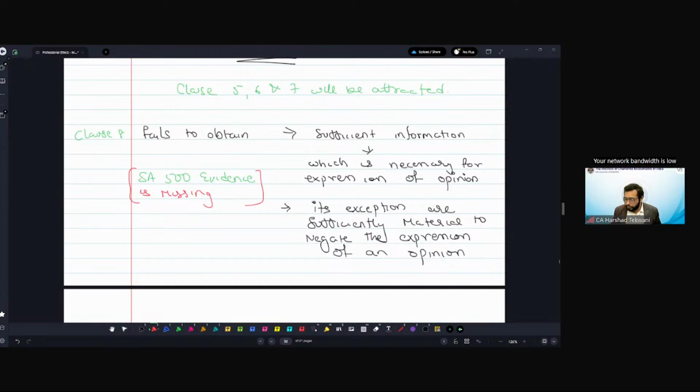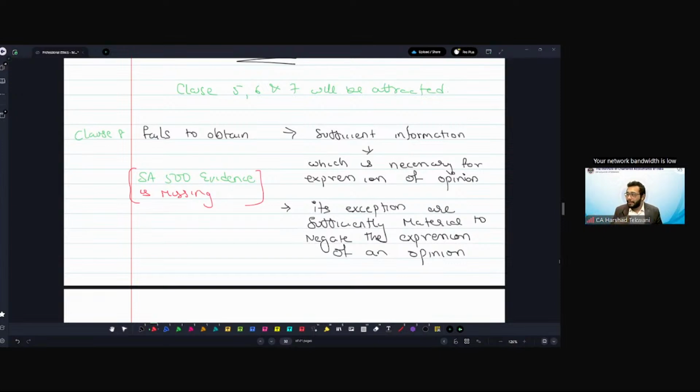Sir, the example which you quoted here, in this case, a clause 9 misconduct will also be applicable, sir, where he is departing from generally applicable audit procedure to be followed while obtaining audit evidence. Yes, that's why I say 5 to 9, they can be interlinked, they are related to each other. So there can be a scenario where multiple clauses can get attracted.